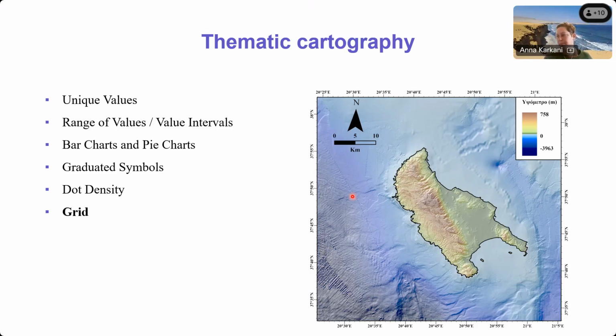In this type of thematic cartography, we have continuous data, and we create a continuous data grid. In this case, we use the grid thematic cartography to better show the information on elevation and also bathymetric data for the wider area of Zakynthos Island.